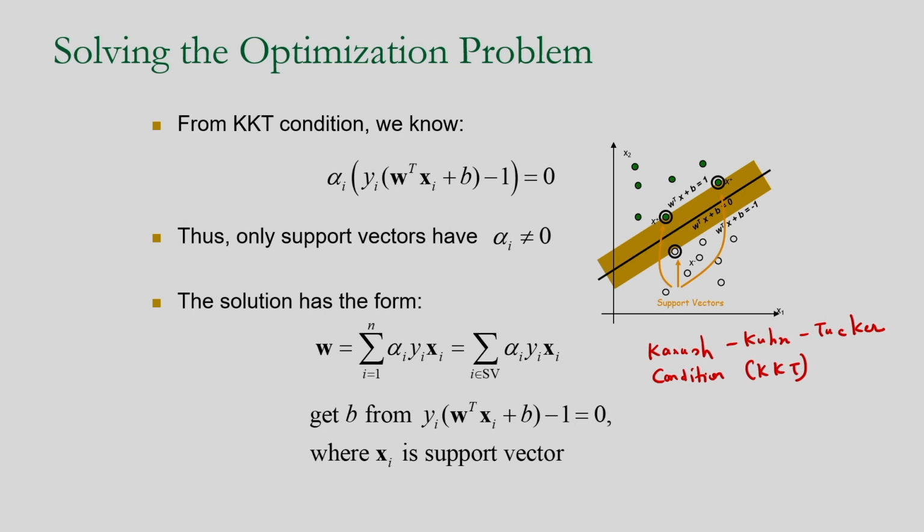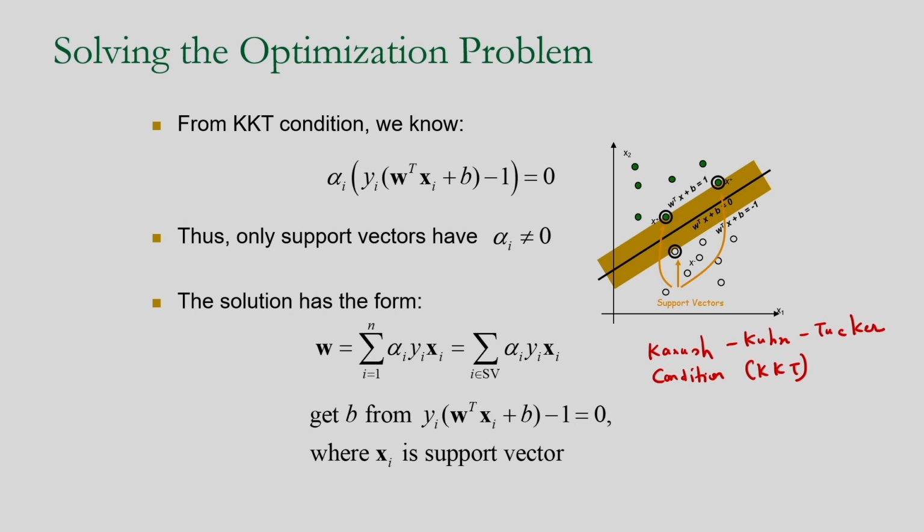So it is used in mathematical optimization, and it is nothing but the first derivative test, and it is also called the first order necessary conditions for a solution in nonlinear programming to be optimal, provided that some regularity conditions should be satisfied.